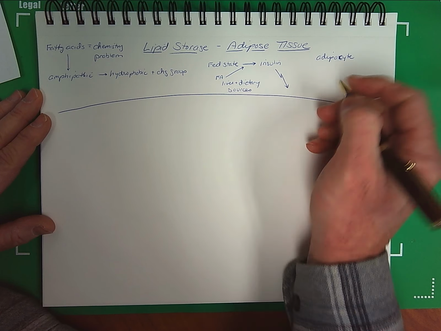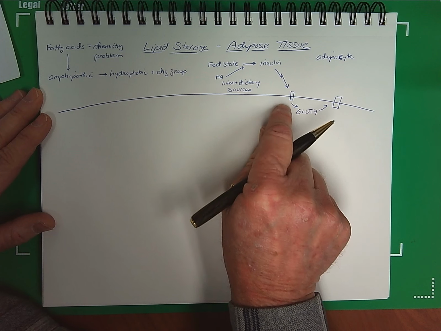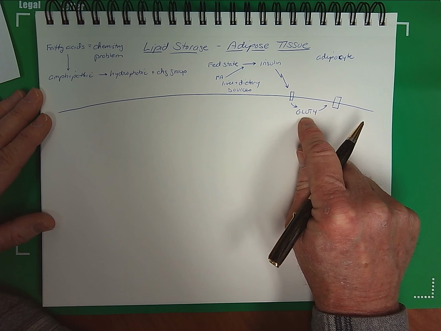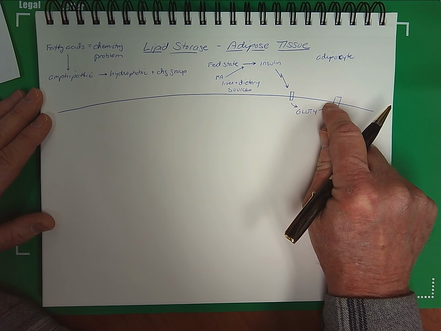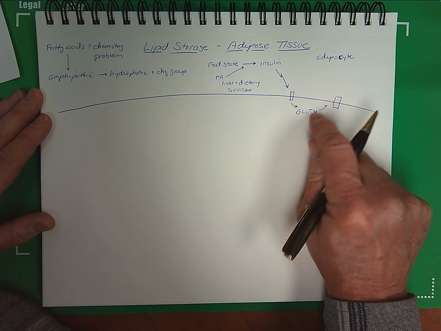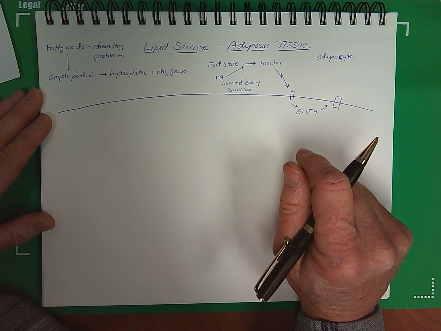It is going to mobilize GLUT4 to the cell surface. These GLUT4 molecules, these glucose transporters, are located in intracellular vesicles. And so the stimulation of insulin is going to move these vesicles to the cell surface to fuse and now expose GLUT4 on the cell surface.